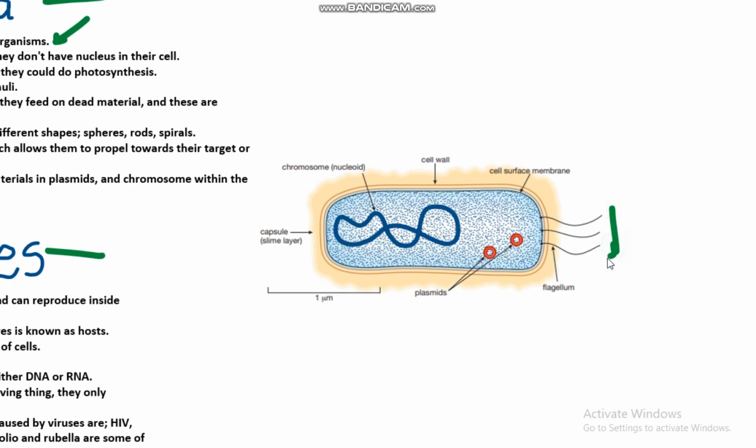There is a flagellum, and they have a cell wall and a cell surface membrane. They don't have a nucleus, so the genetic material is in the plasmid, and they have some of the genetic material in the chromosomes, which together make up the genetic material of the bacteria.